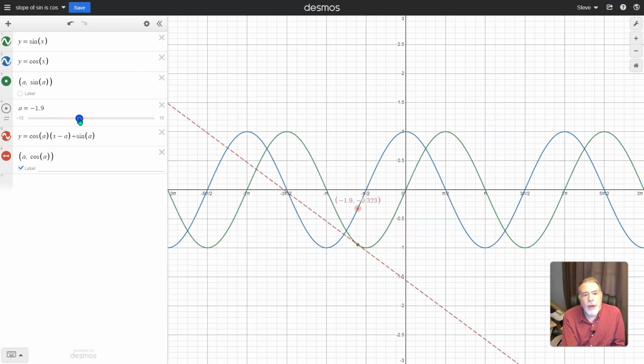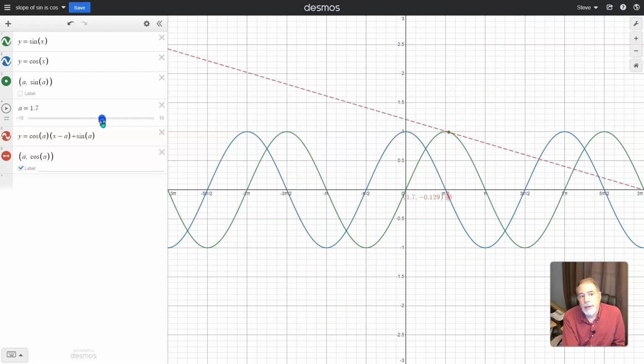And if you look at the graph, in this graph the green curve is the sine curve and the blue is the cosine curve, but at every point on the graph of sine x, the derivative is cosine x, and at every point on the graph of cosine x, the derivative should be negative sine x.